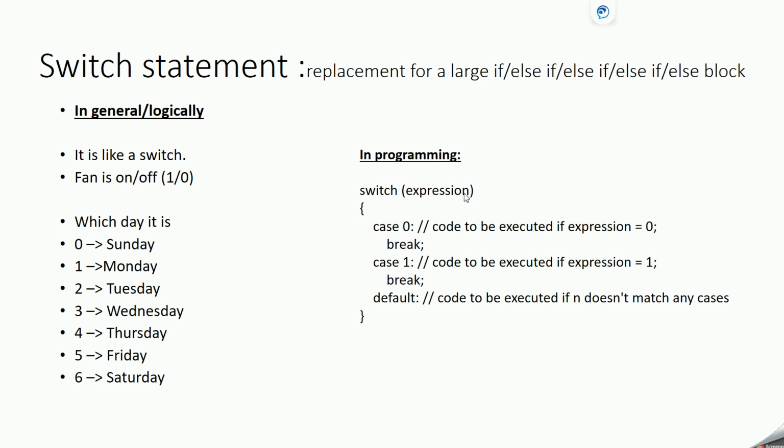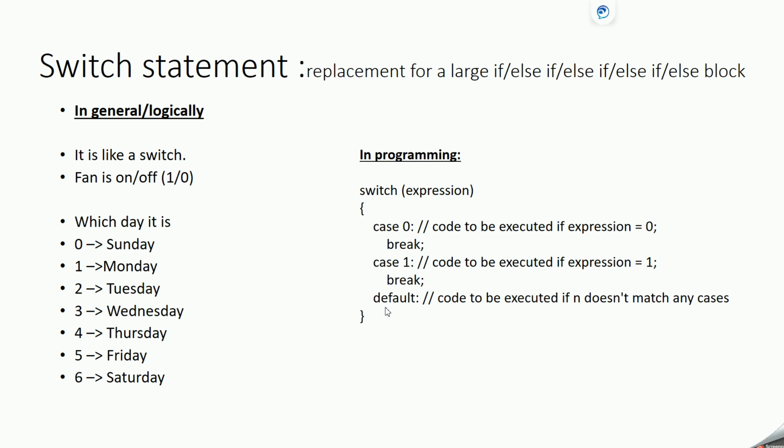In the same way, when the expression value is 1, it will match with case 1, execute this code, and then it will break. One thing we should keep in mind is that this break statement must be there after each case and the code that we want to execute.